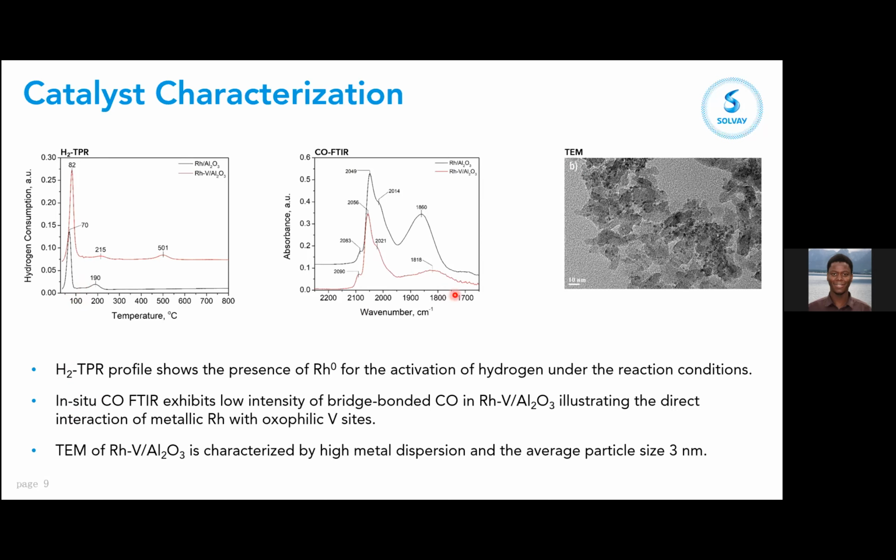When we compare the two spectra of the monometallic and bimetallic catalyst, we show that the rhodium vanadium catalyst exhibits low intensity, particularly on the bridge bonded CO, which comes at about 1,818 wave number, illustrating that the interaction of the metallic rhodium and oxophilic sites suppresses these specific sites for the bridge bonded CO. And the TEM micrographs of the bimetallic catalyst were also characterized by high metal dispersion, with the average particle size around 3 nanometers in the bimetallic catalyst.